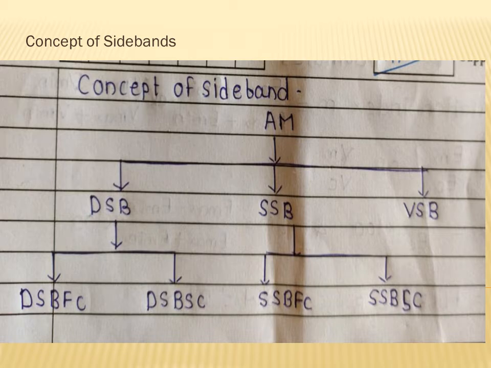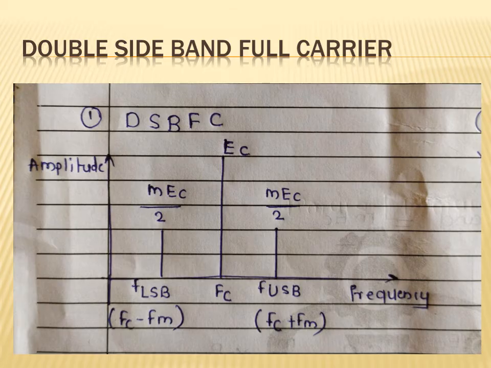These are the types: double sideband, single sideband, vestigial sideband. So we will see them one by one.